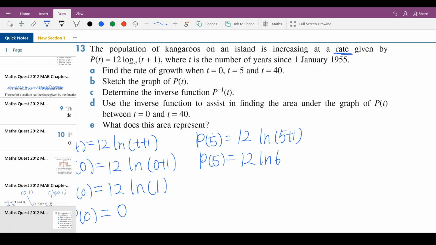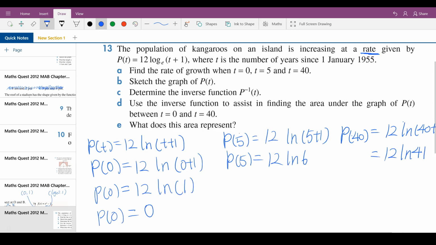If you're interested, you can go and find the actual decimals. Okay, so the next one is P(40) equals 12 ln of 40 plus 1, which is 12 ln 41. That's it. That's the rate of growth in the different years.